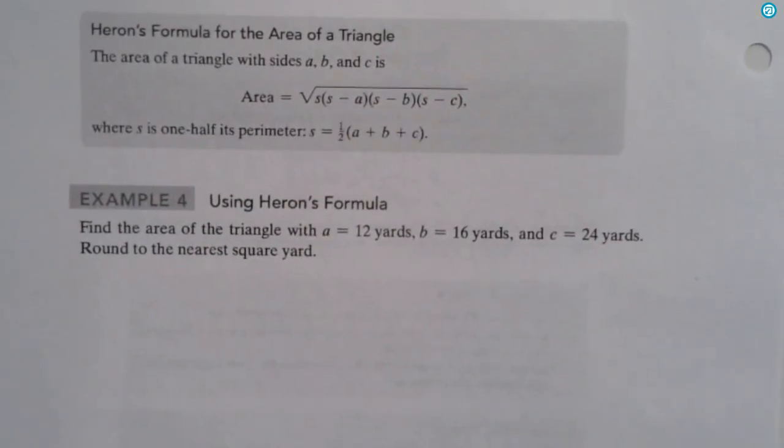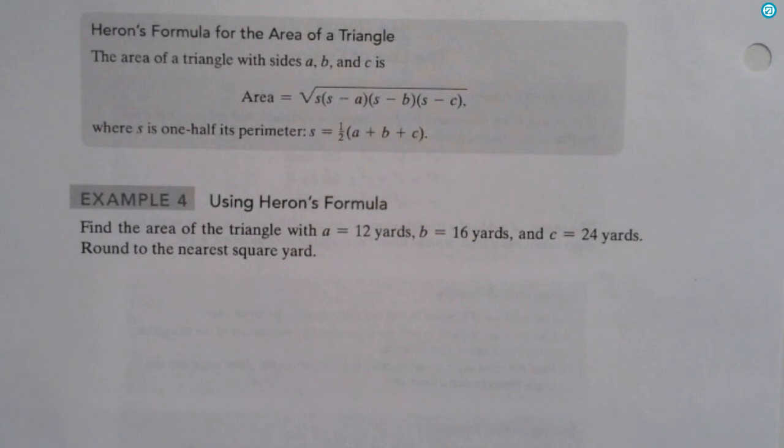The other thing we were looking at today is the area of a triangle. It's the easiest thing out of all of these. The area of a triangle is the square root of s times quantity s minus a times s minus b times s minus c, where s is half the perimeter of the triangle.